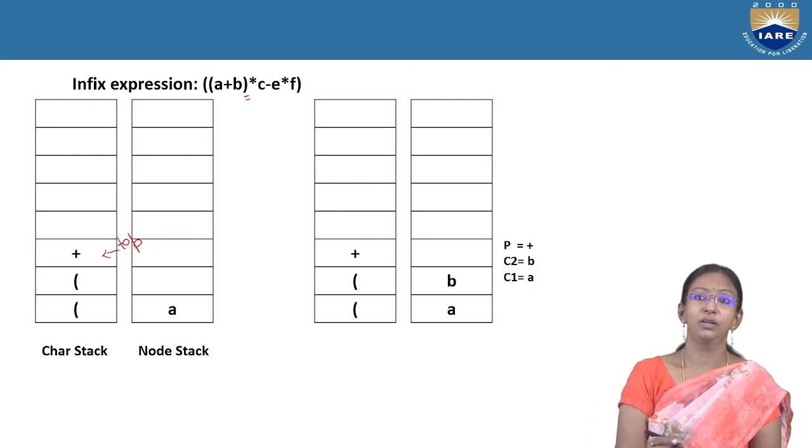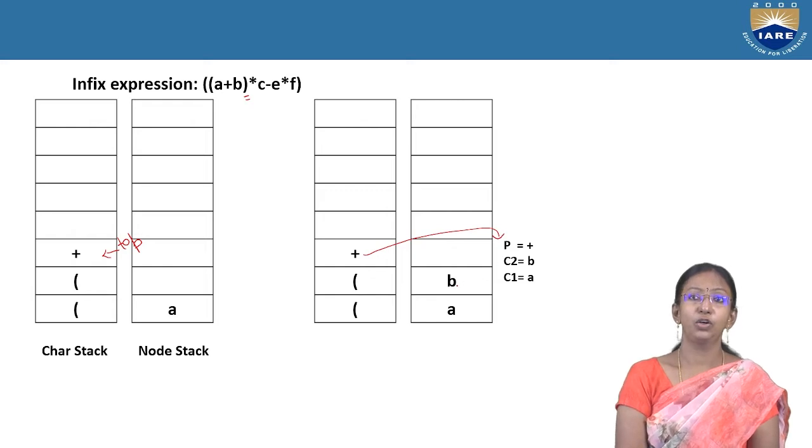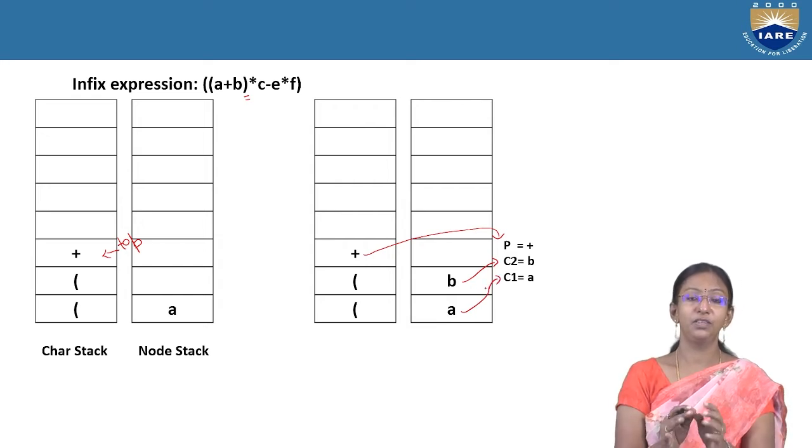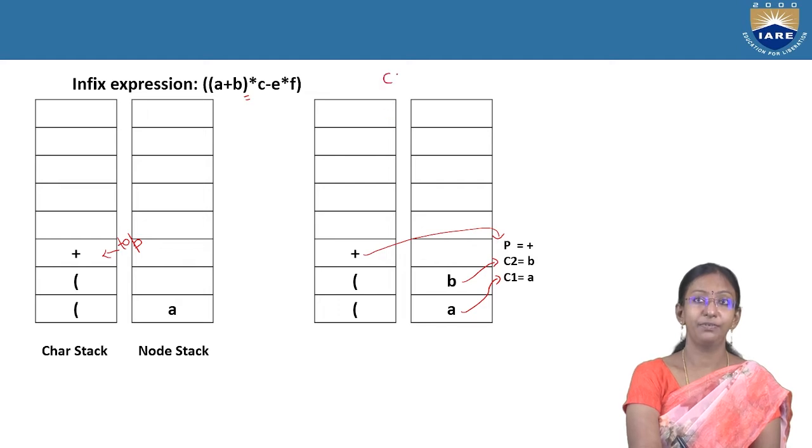So the parent I have fetched from the character stack, whereas the element on top of the node stack will be child 2, and the element below the top is child 1. You can even reverse it, I don't mind, but keep this funda in your mind. Child 1, I'm referring to the left child.